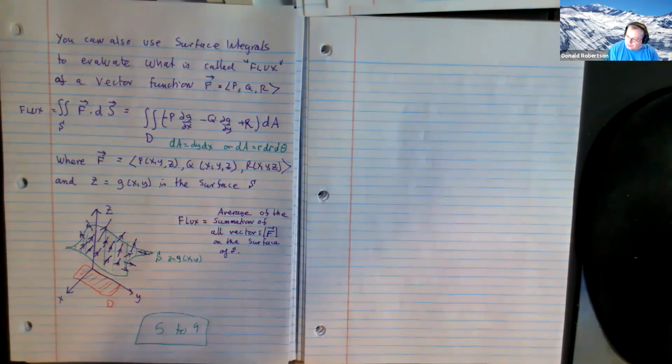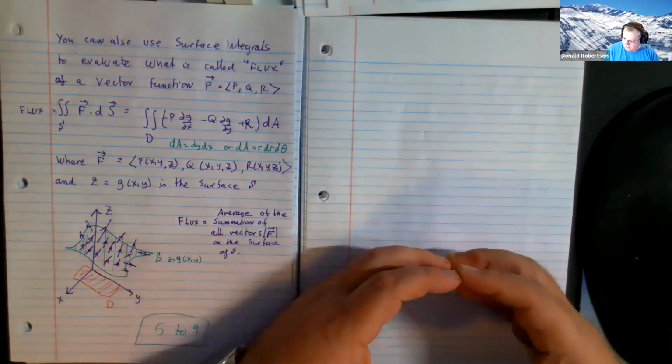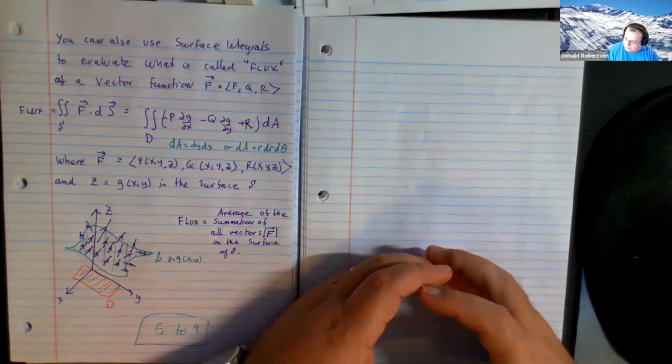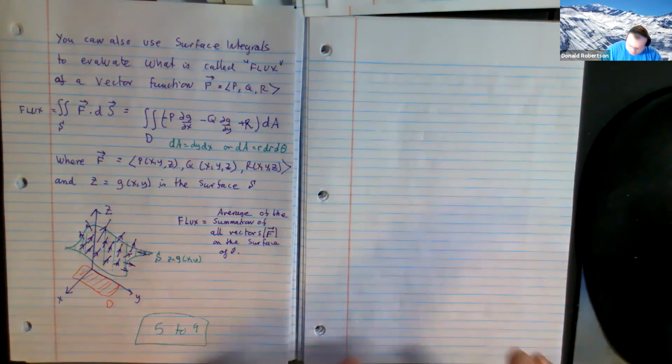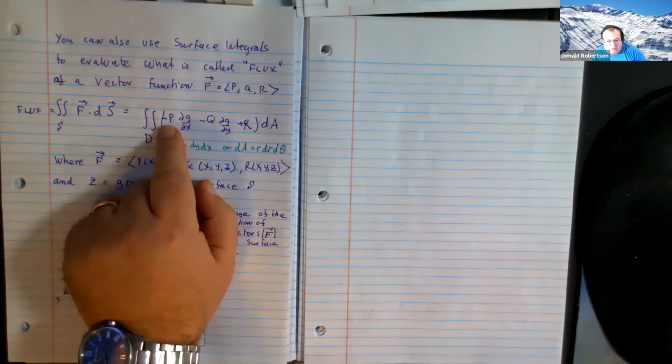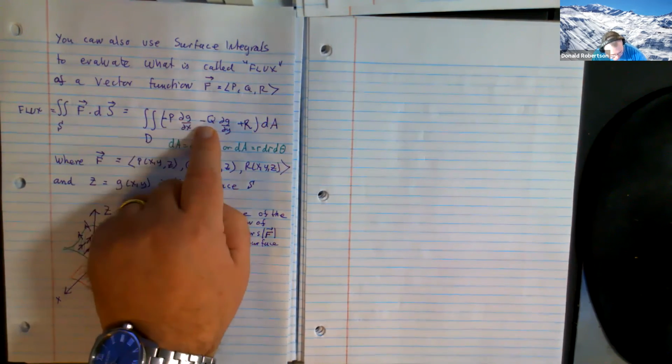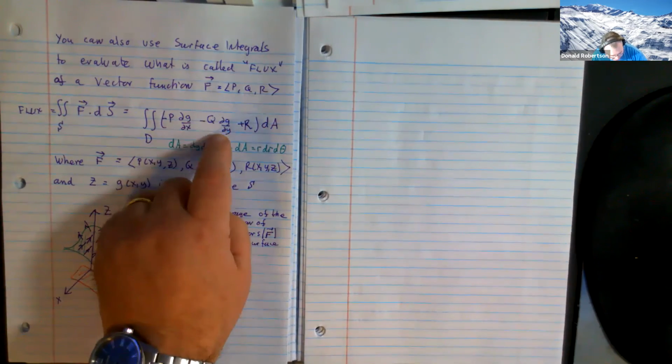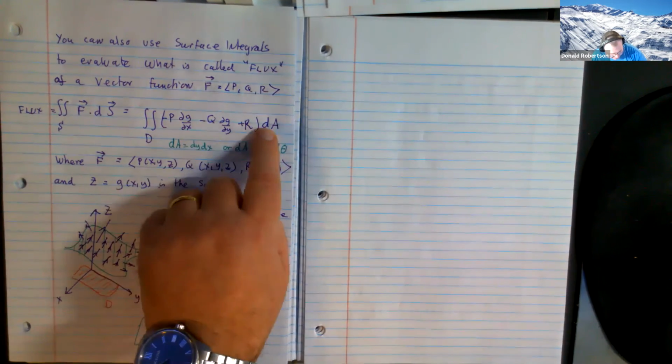Remember, D is going to be what that surface looks like when you project it onto the floor. Your surface may be up here, but when you look at it on the floor, you get a rectangle, a circle, or some region. That's what D is. Now, it's made up of this weird formula: negative P dg/dx, take away Q dg/dy, plus R dA.